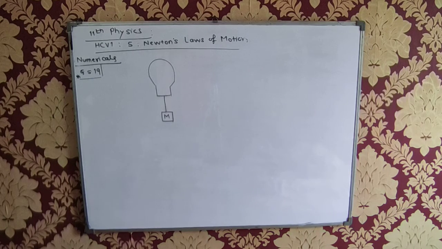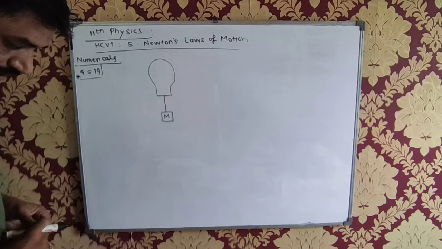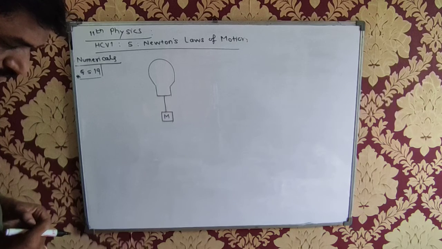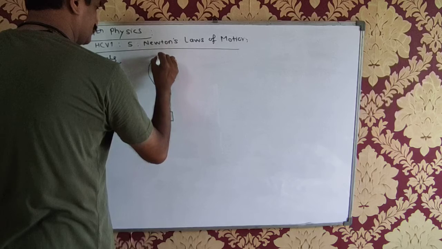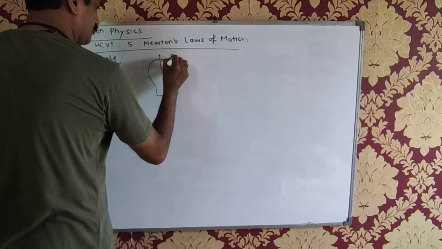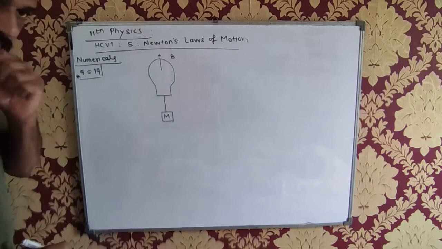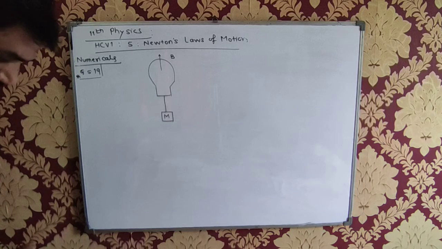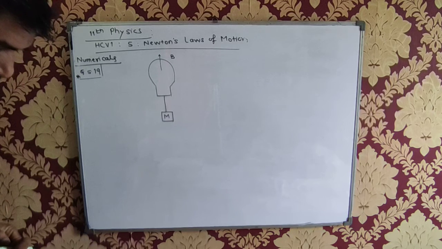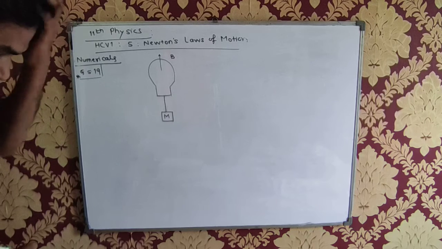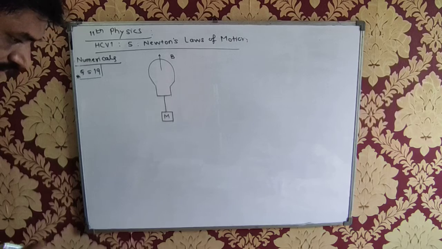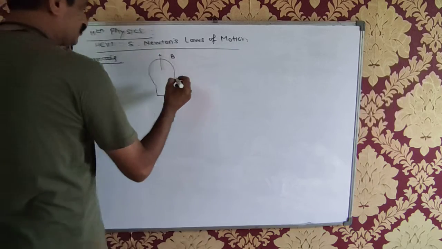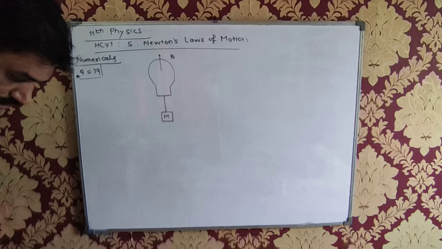Question number 19. The force of buoyancy exerted by the atmosphere on the balloon is B, in the upward direction and remains constant. The force of air resistance on the balloon acts opposite to the direction of velocity and is directly proportional to velocity.